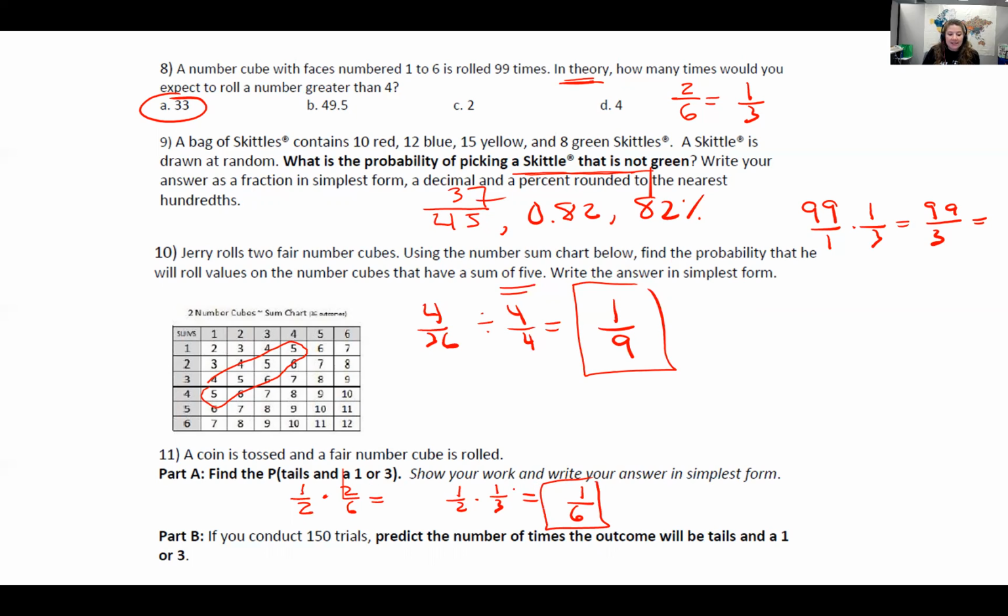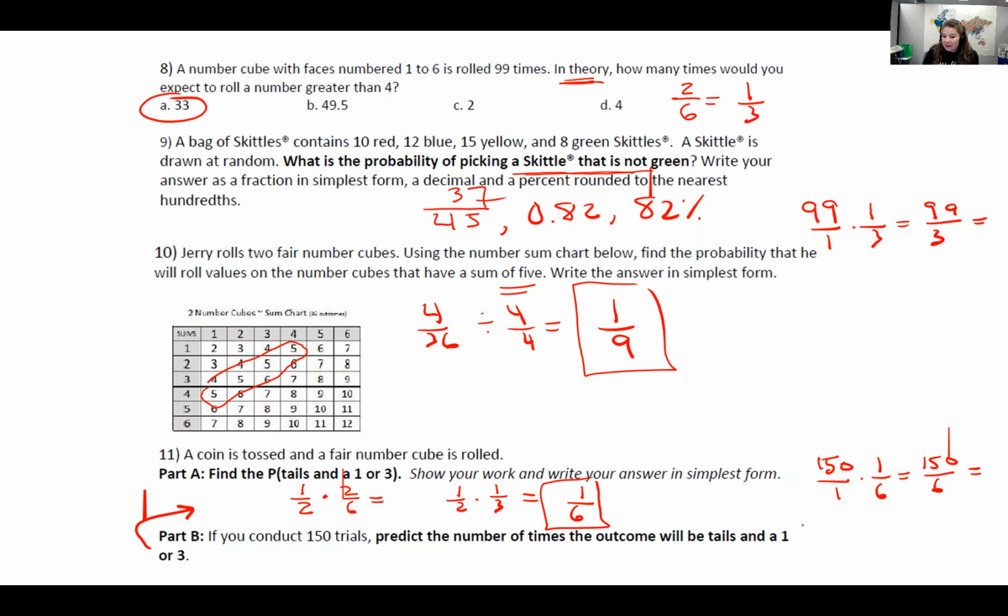And then it says, if you conduct 150 trials from part A, predict the number of times the outcome will be tails and a 1 or 2. Oh, excuse me, 1 or 3. Well, we already know what the probability is. So now we're going to multiply. We want to know what is 1/6 of 150. Well, 150 over 6. Can I simplify? I can divide both of those by 2 at least, right?